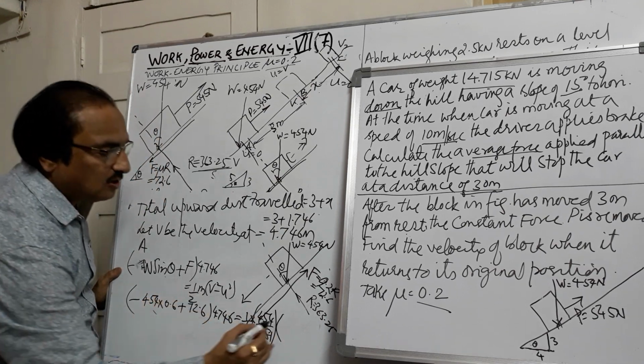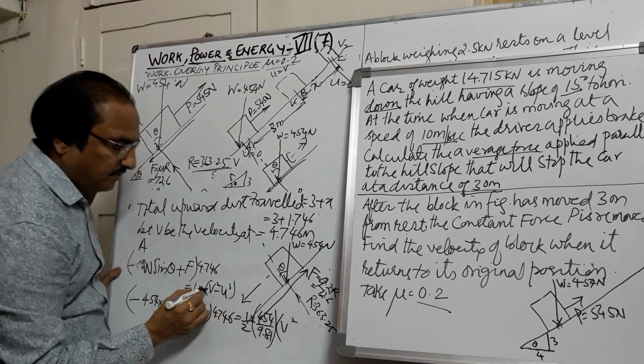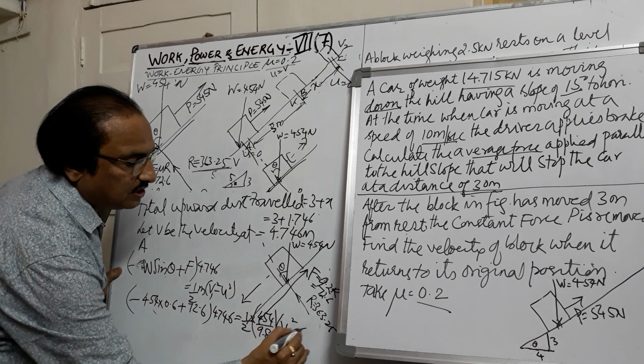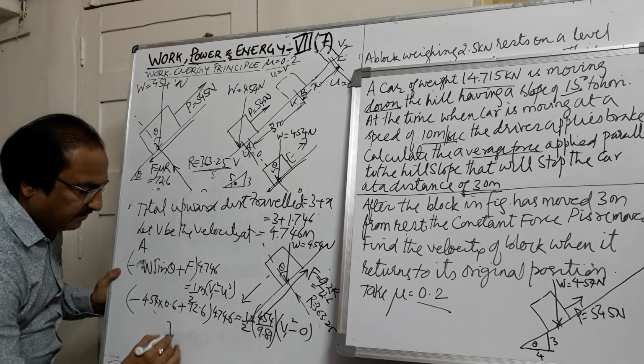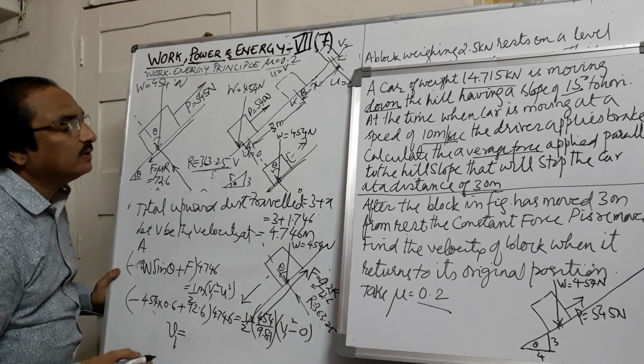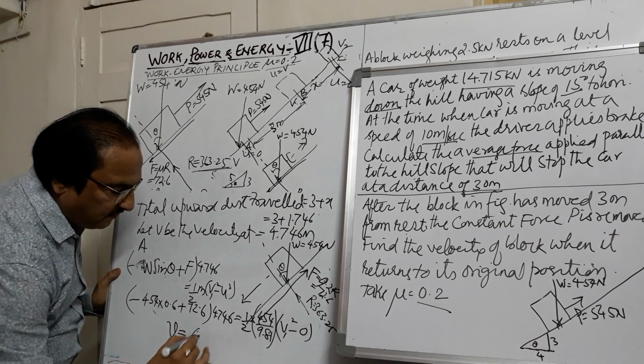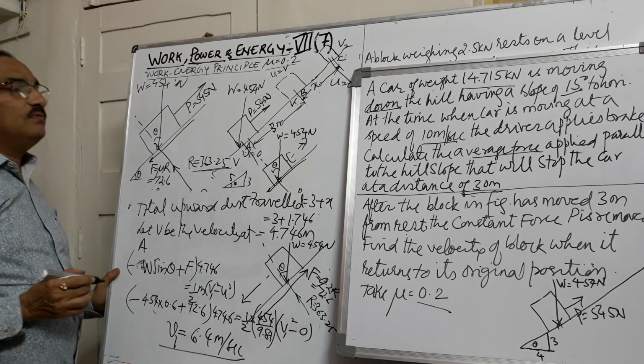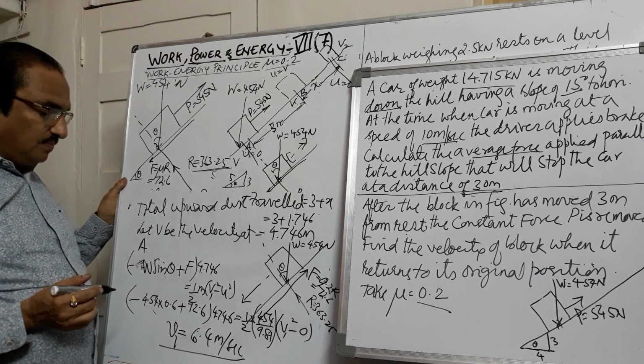V is the final velocity which we need to find out. If I call it v1, then the initial velocity is 0 here. So if you simplify this, v1 will be equal to 6.4 meters per second.